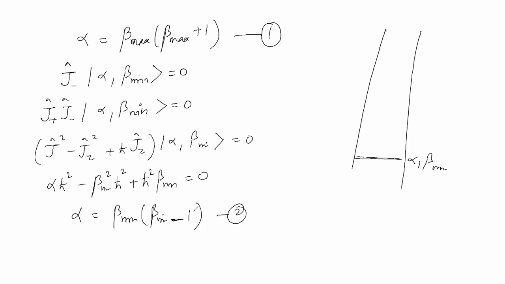That means on the left hand side you have alpha only, so the right hand side ought to be equal, which would imply that beta max times beta max plus 1 must be equal to beta min times beta min minus 1. Is it not? Yes, sir. Okay.